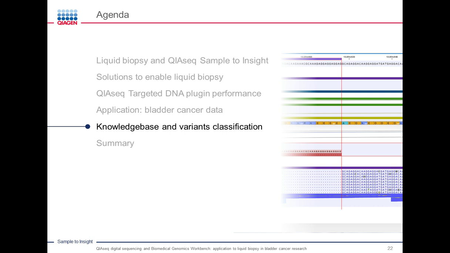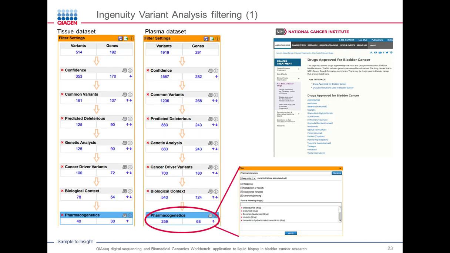Next, I want to see how we can use our knowledge base in order to empower the interpretation of these kinds of results. So what I've done next is running the variants that we found in our samples through Ingenuity Variant Analysis. You can see here on the left-hand side of the slide the workflow that is typical in Ingenuity Variant Analysis.